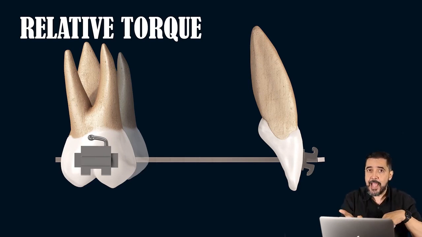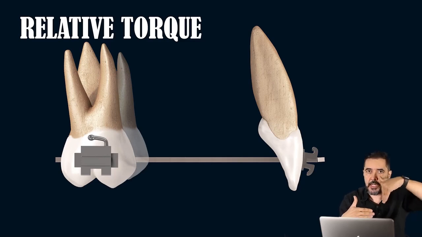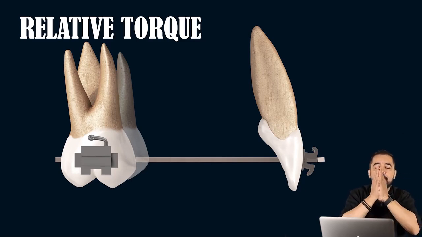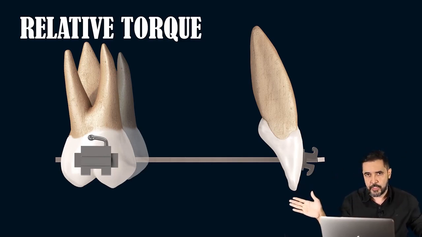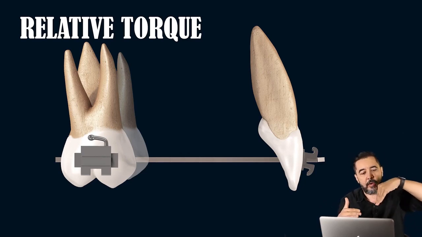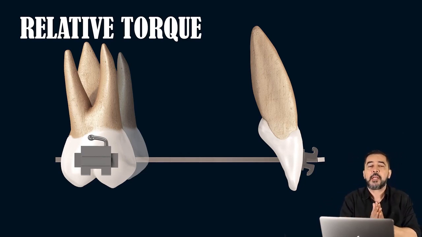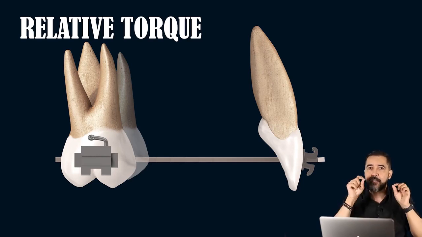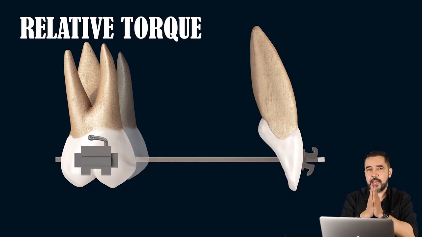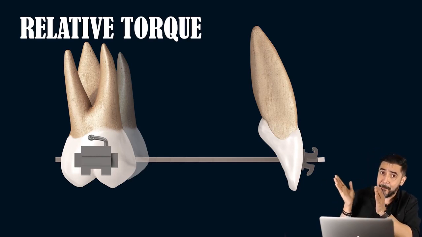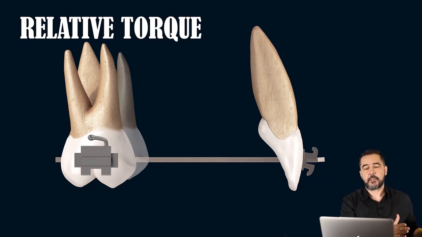But if you have different inclinations, specifically in the extreme positions, very buccal or very palatal inclination of the crown, this interaction tends to be an active interaction, not a passive interaction. So let's see how it goes in this situation.